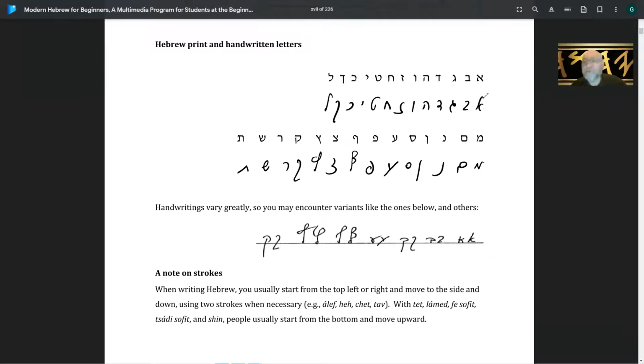Okay, so Aleph, Bet, Gimel, Dalet, Hey, Vav, Zayin, Chet, Tet, Yod, Chaf, Lamed, Mem, Noon, Samik, Ayin, Fe, Zadik, Kof.